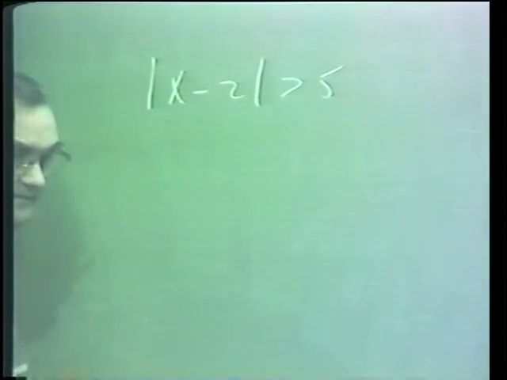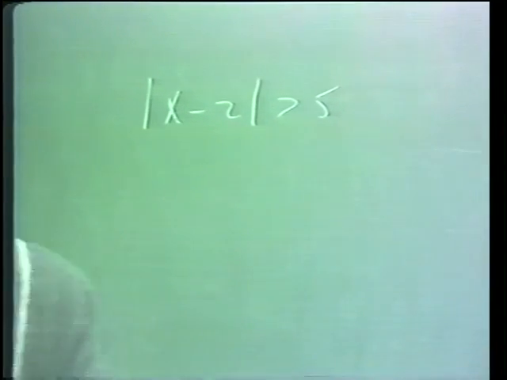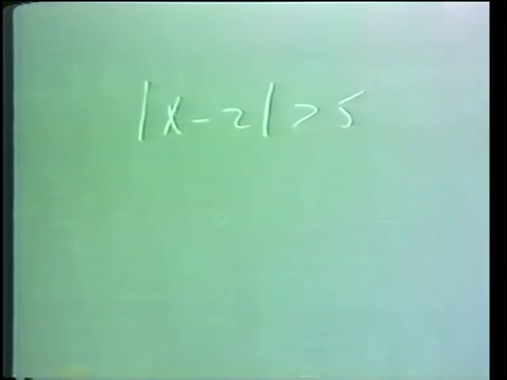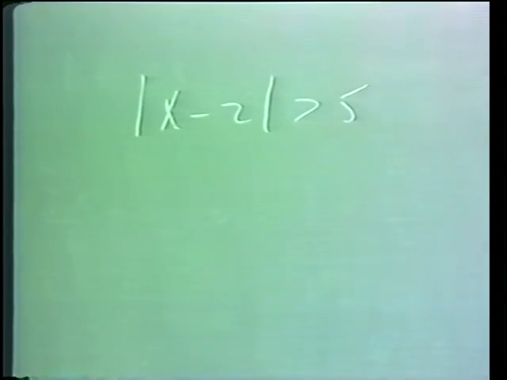The absolute value of x minus 2 is greater than 5. Our key word here is greater than. Again, we had a property for absolute value of x being greater than a. We discovered yesterday that that meant that x had to be greater than a, or x had to be less than the negative of a.